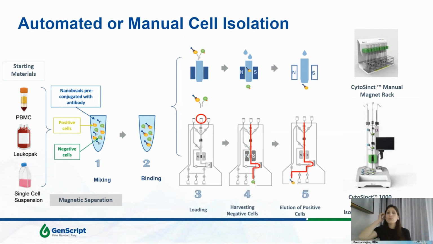So with that said, I do want to show you the typical solutions that we have for both automated or manual isolation. Of course, starting with the material, whether it's PBMC or leukopak or a single cell suspension, we will go ahead and do either positive cell selection or negative cell selection.